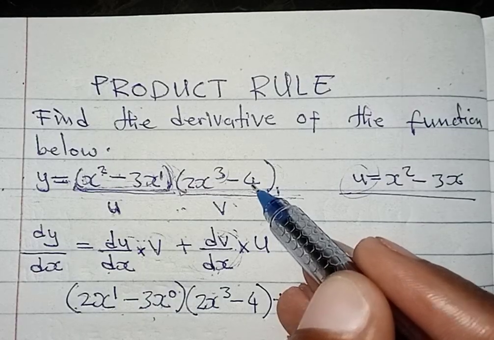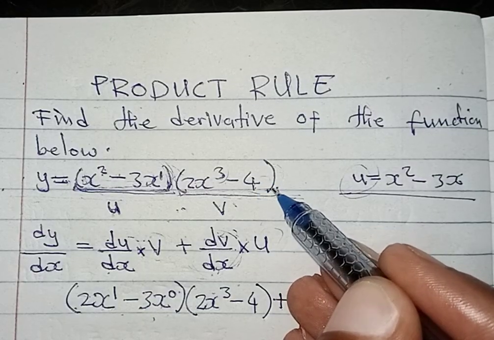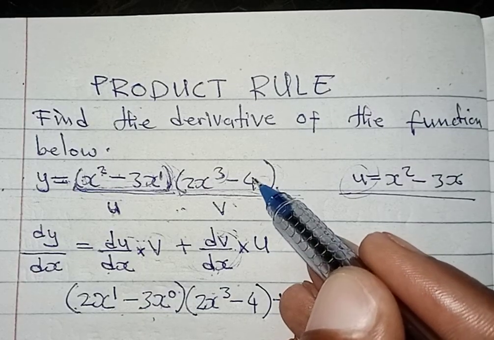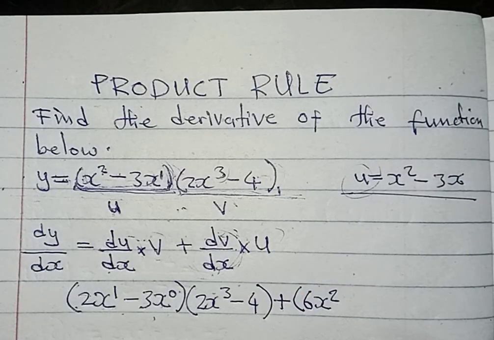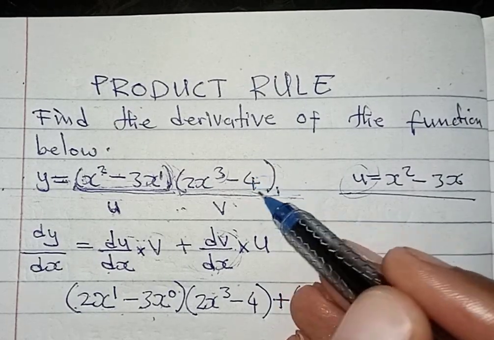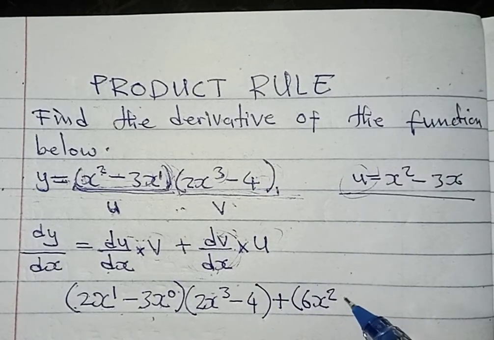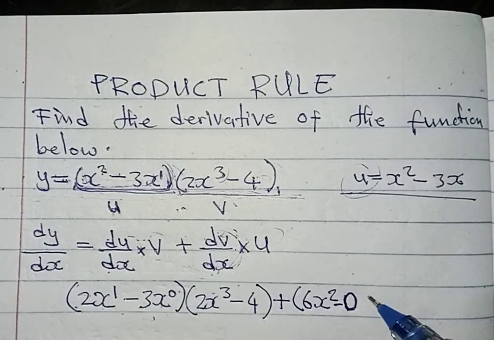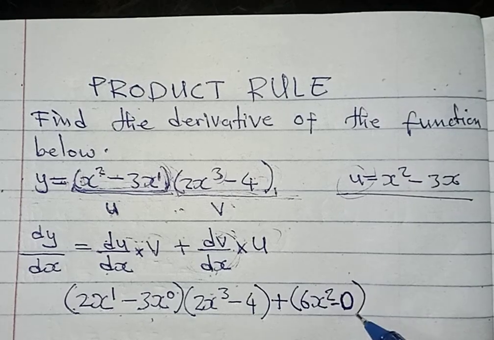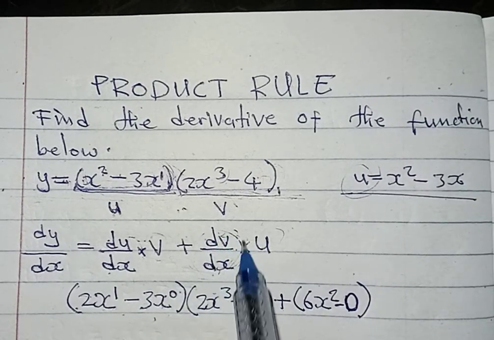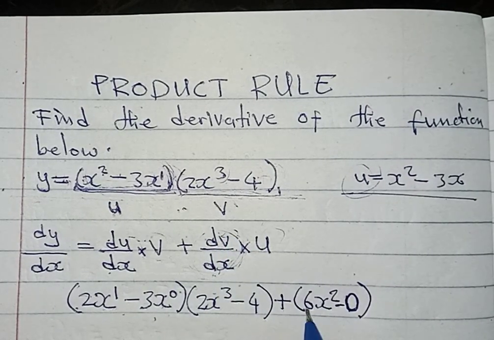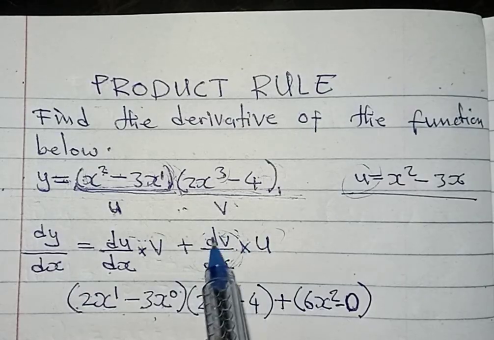This 4 is considered as a constant because it doesn't have an x, and the derivative of any constant is equal to 0. So the derivative of 4 should be 0. So we say minus 0, like that. Then we close. Now this is our dv dx, 6x squared minus 0, that's our dv dx.